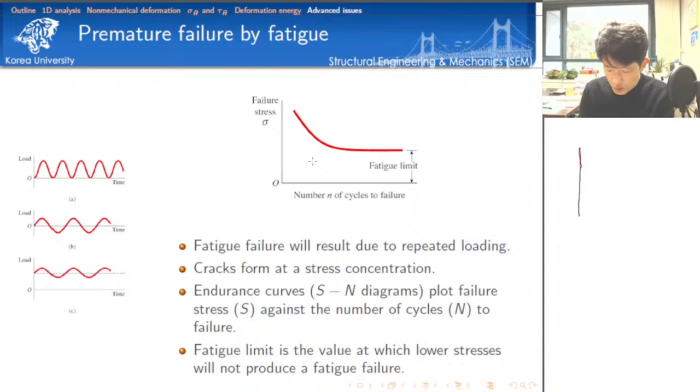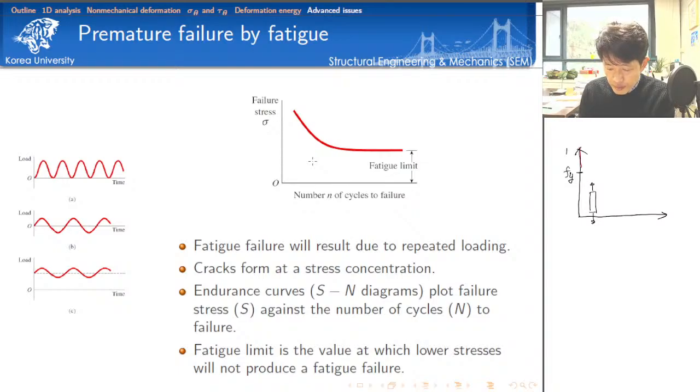When we design a structure, for example, let's consider a one-dimensional problem subjected to force P, and this force P produces some normal stress. In our discussion, if the normal stress is far less than the yield strength value, we can say that my structure is safe against the loading, right?